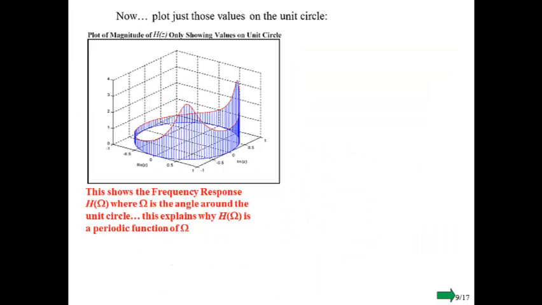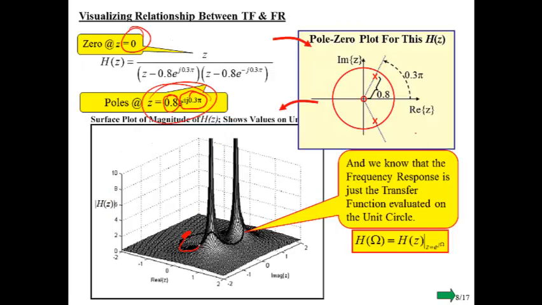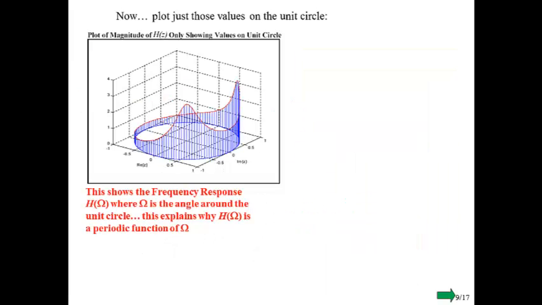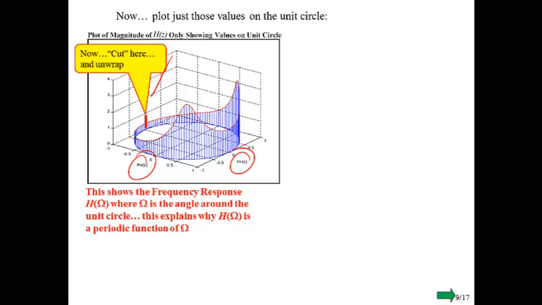And so to then turn this into the kind of plot that we're used to seeing for the frequency response, what I've done is created a plot here that shows that curve. So if we go back here, this little curve here, I'm just showing that kind of cookie cutter cut out. So here it is, real z, imaginary z, and then here's what we're going to do. We're going to imagine cutting right there.